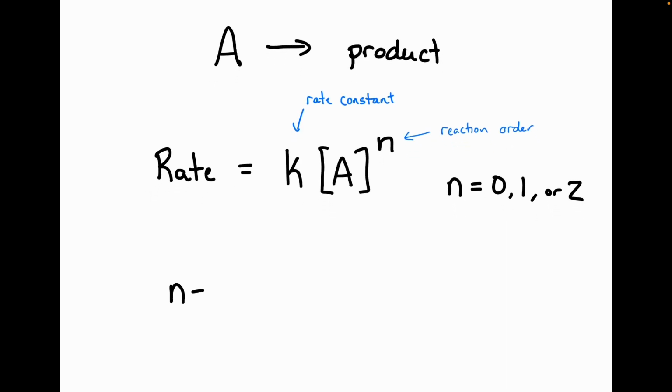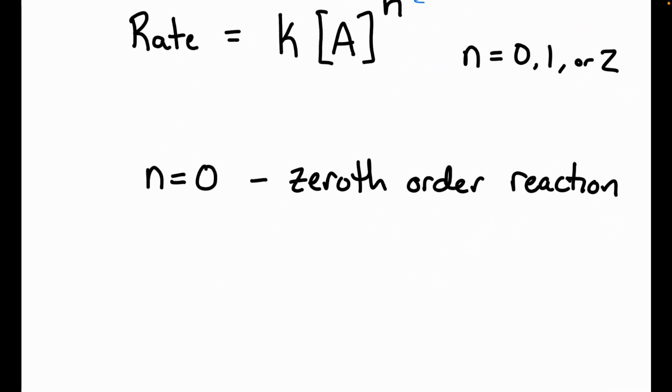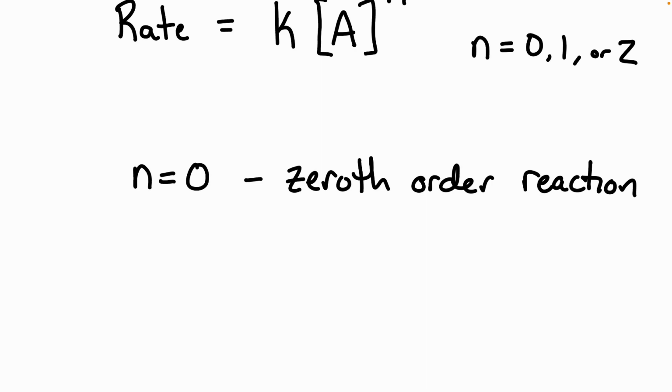So n equals 0. This is what we call a zeroth order reaction. Let's just think real quick. Let's take this rate expression, where I have some constant k times the concentration of my reactant to the 0th power.